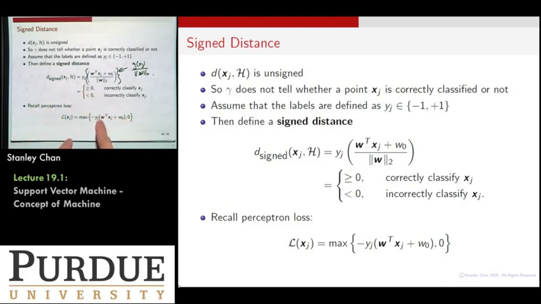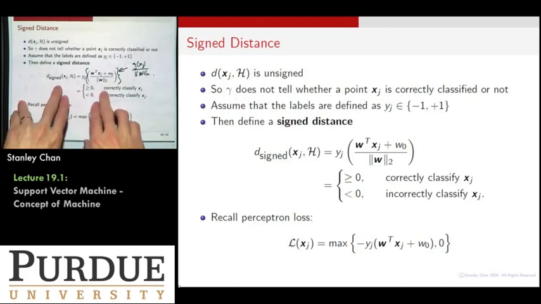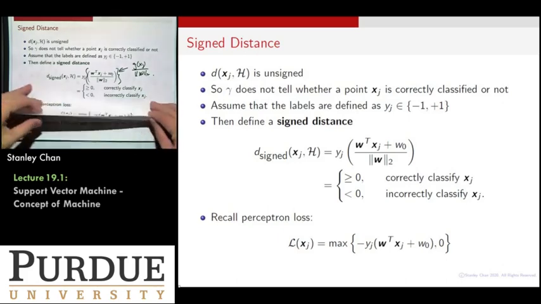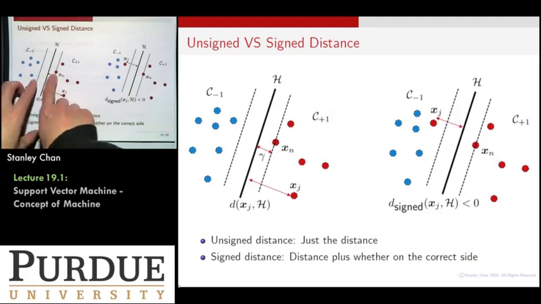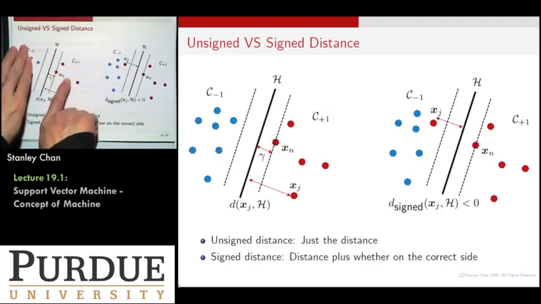Okay? This is exactly the same as when we defined the perceptron loss function. Remember that? This is the discriminant function that will give you some number. If they match, they are both on the positive side, you get a positive value. Okay? All right, so this signed distance will not only tell you the distance, it also tells you whether your data point has been classified correctly or wrong. And so here is the picture. You have two classes of data points.